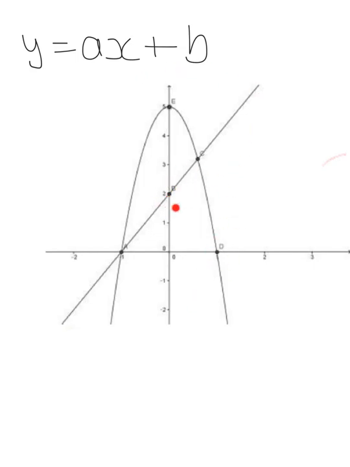Clearly here we can see b is 2, so that is one of the important points that we need. So this b value over here, I'm going to substitute in there because that is my y-intercept. So what I will end up with is y equal to ax plus 2.